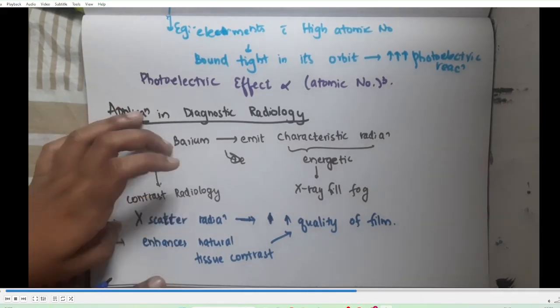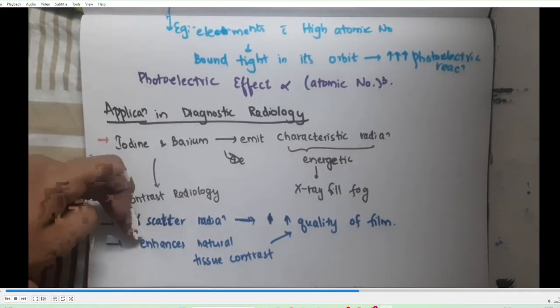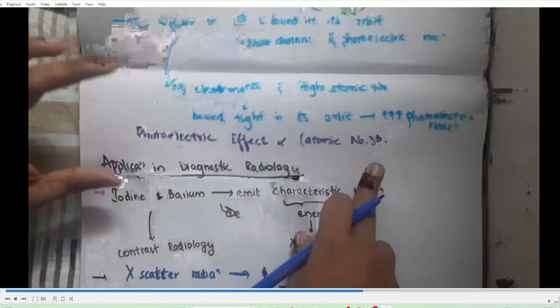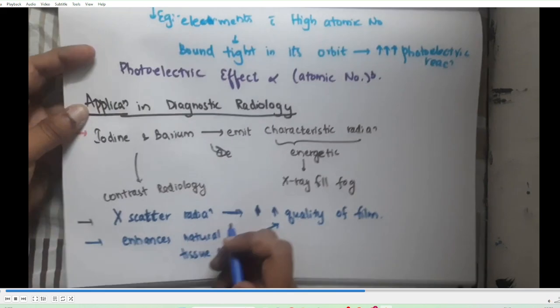The X-ray contrast depends on some tissues absorbing more X-rays than other tissues. The contrast is greatest when the difference in absorption between adjacent tissues is larger.